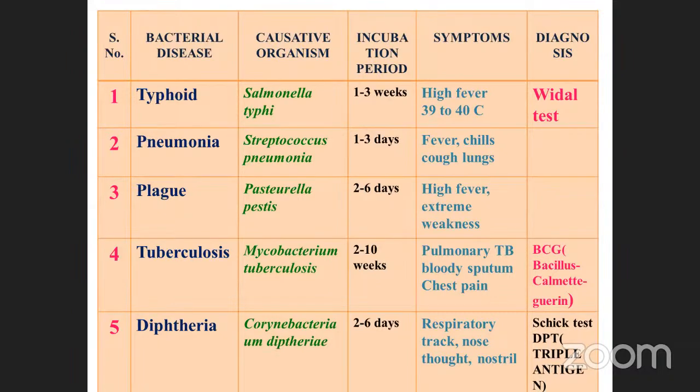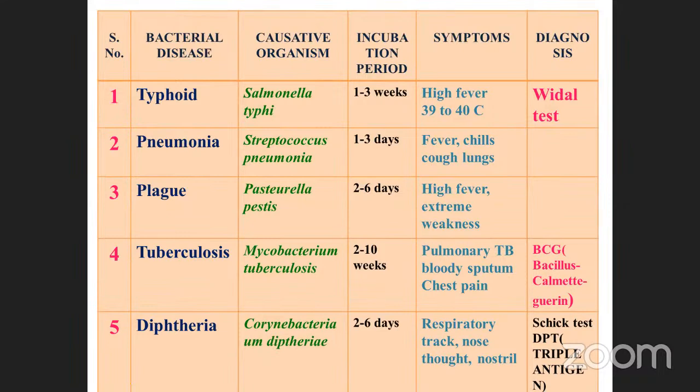The first one is typhoid, caused by the organism Salmonella typhi. 4 types we already discussed. Incubation is 1 to 3 weeks. Symptoms: high fever, 39 to 40 degrees Celsius, headache, vomiting also. The diagnosis is called the Widal test. This is very, very important.